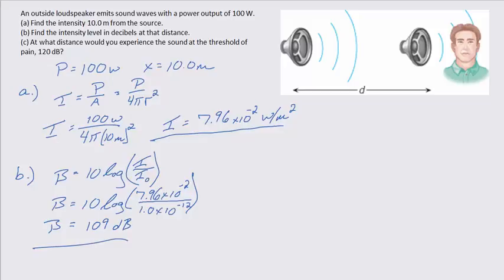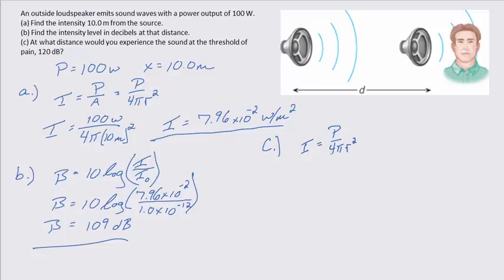Finally, in part C, we're asked, at what distance would you experience the sound at the threshold of pain, which is said to be experienced at 120 decibels? So the only equation where we have some form of distance is our equation that our intensity is equal to our power divided by 4 pi multiplied by our radius squared.